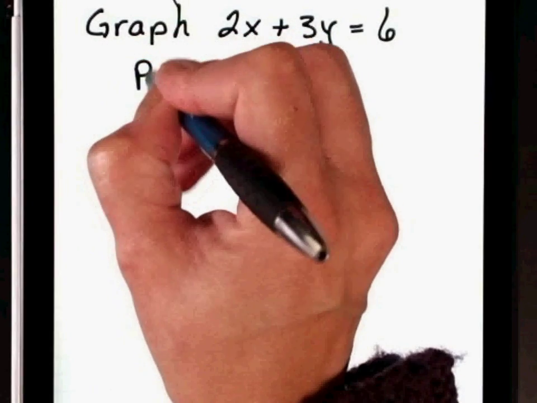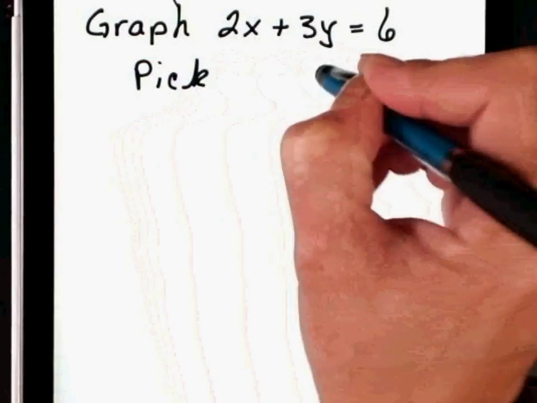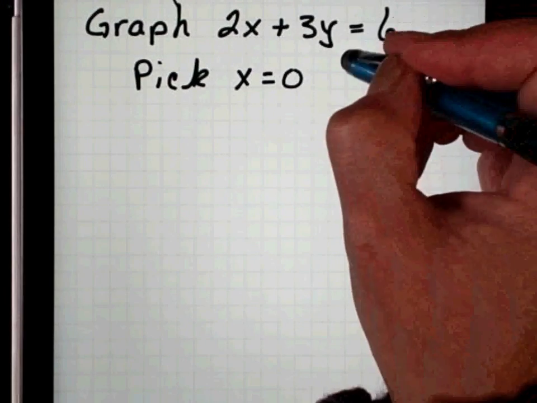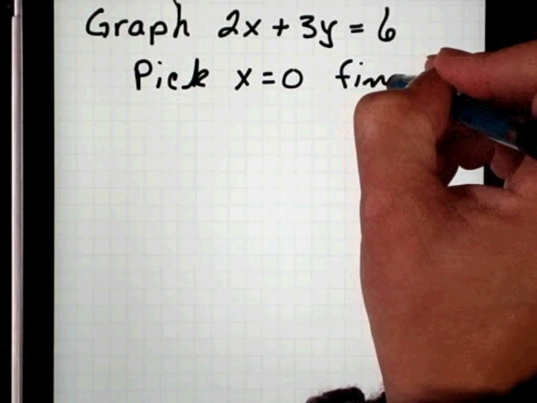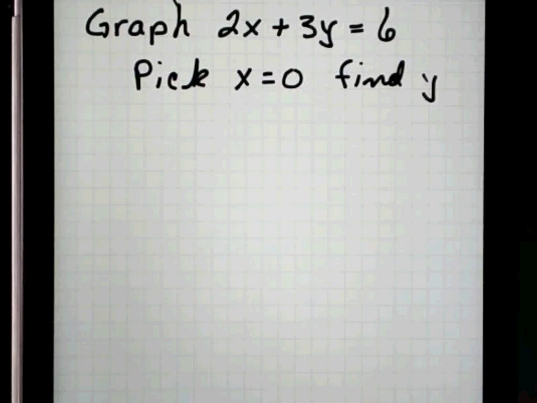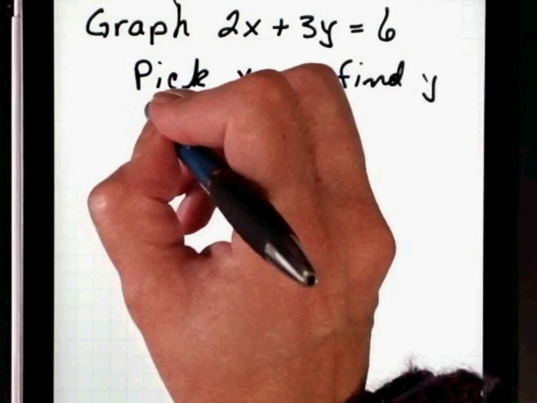So let's pick x = 0. Now we're going to find the y. We do that by plugging in our chosen x value.